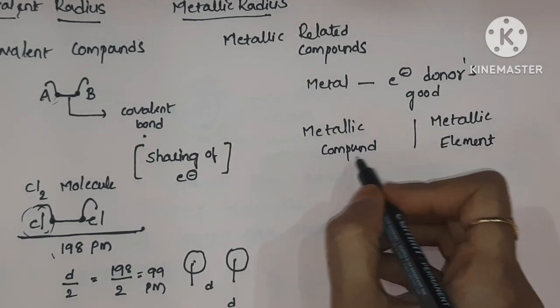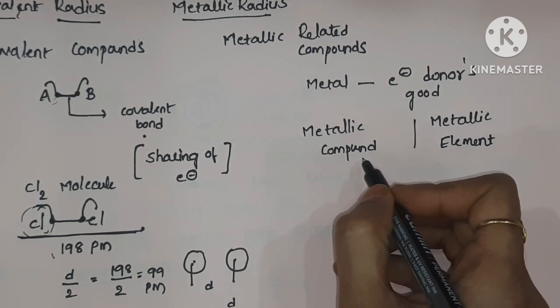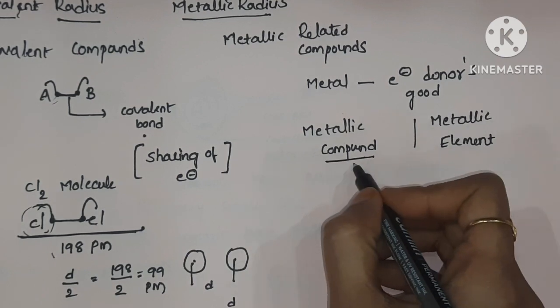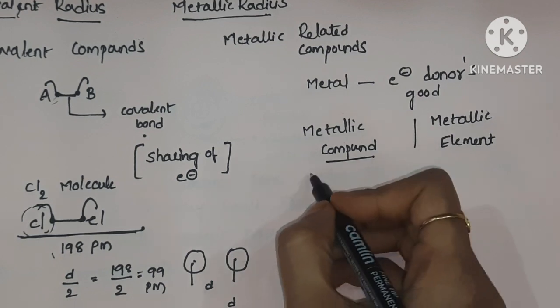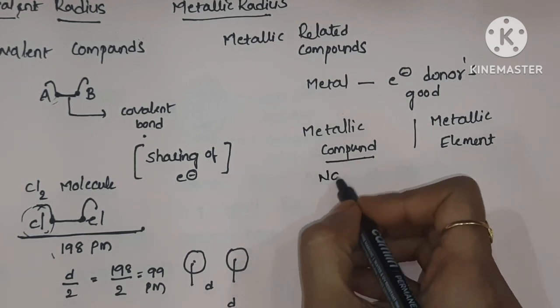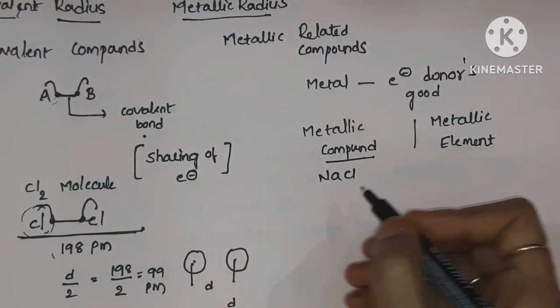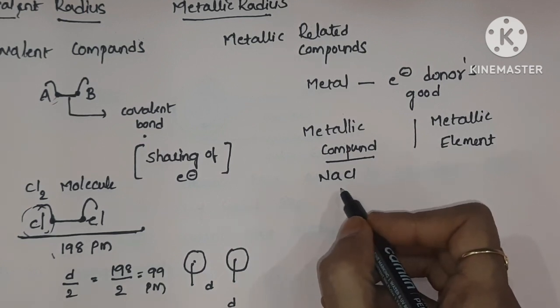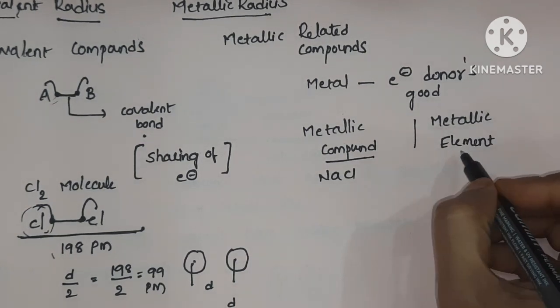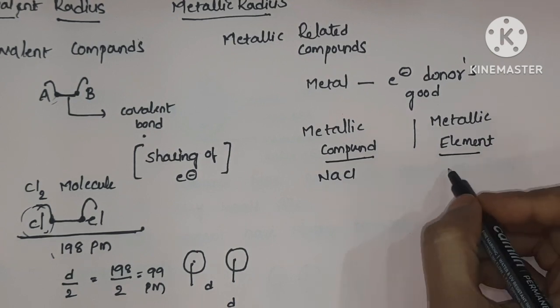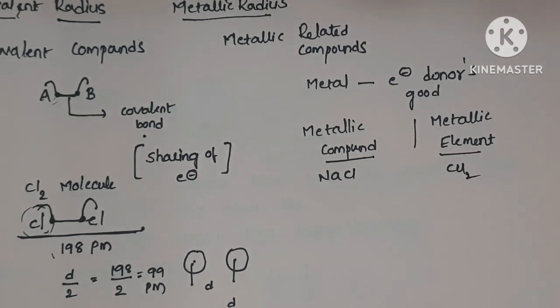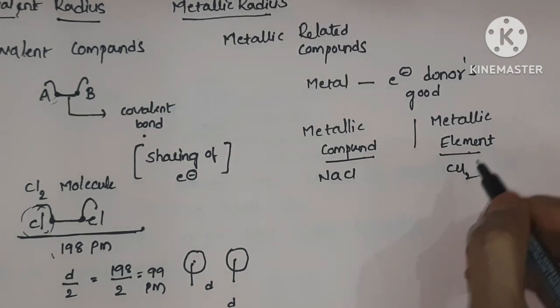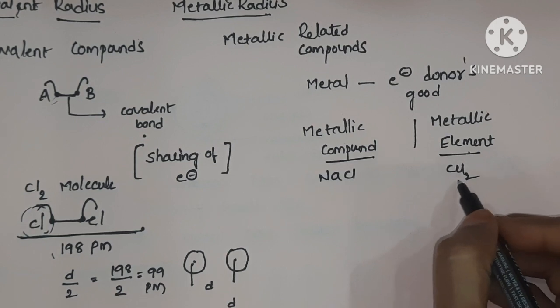Compound means two or more different elements combined. For example, NaCl. This is a metallic crystal, a metallic compound. And a metallic element means copper. Element means the same type of atoms.